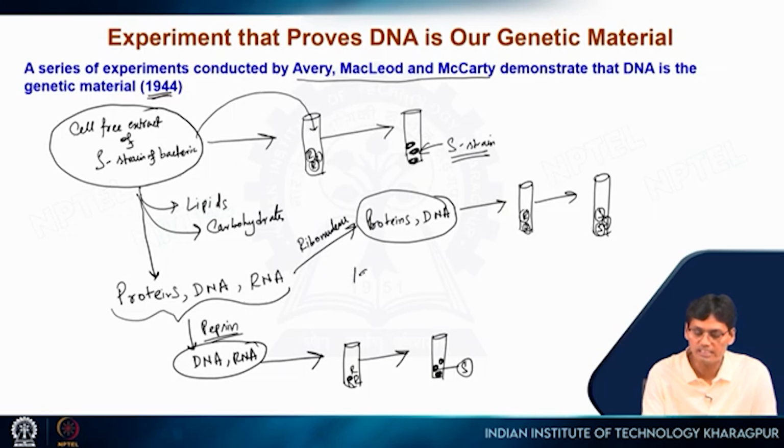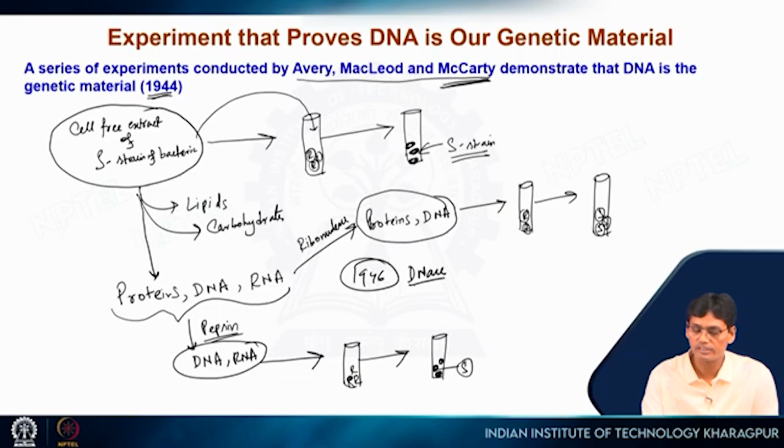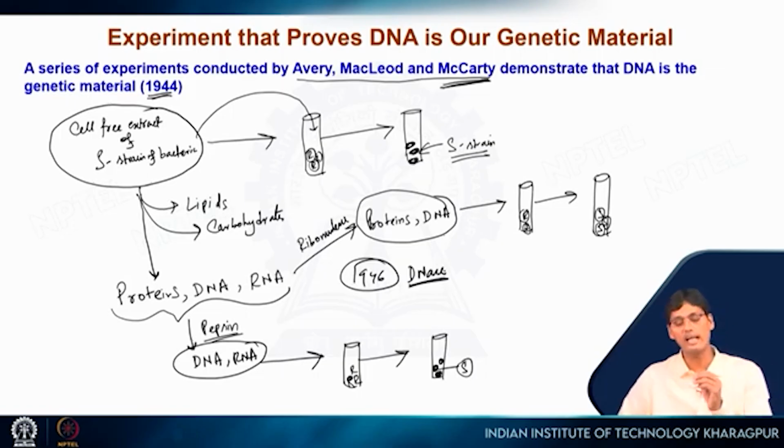In 1946, McCarty purified DNase, the deoxyribonuclease enzyme. He proved that whenever he added this enzyme DNase to the extract, the transforming principle could not convert R cells into S cells anymore.